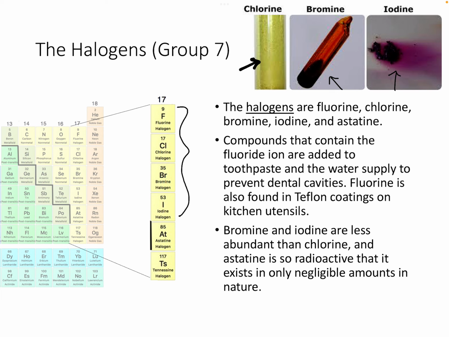Chlorine we've used in a lot of things. So chlorine can be found in table salt. It's used to help clean pools. So chlorine's a little more abundant. Now, astatine is radioactive, so it exists in very negligible amounts, and tennessine is the same. So we don't really talk about those too much.